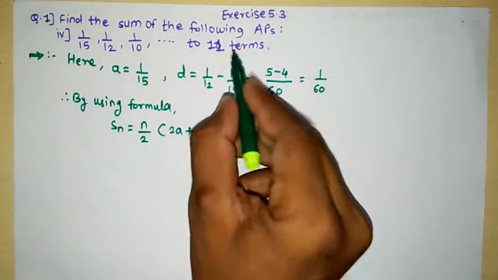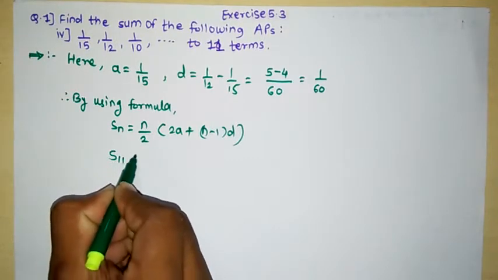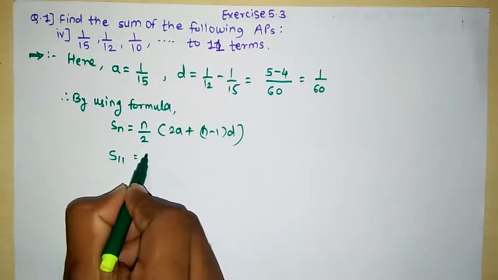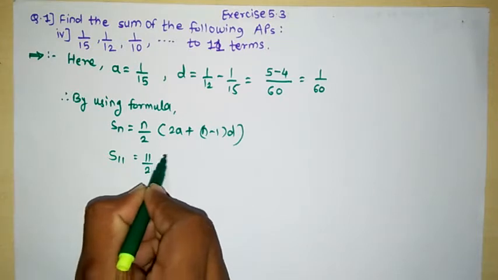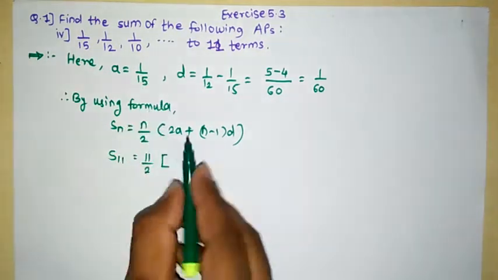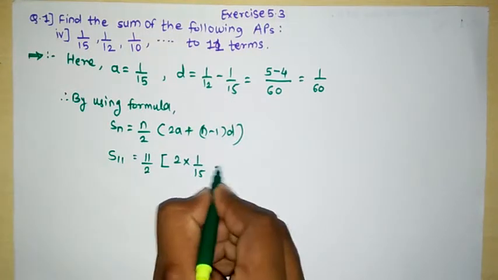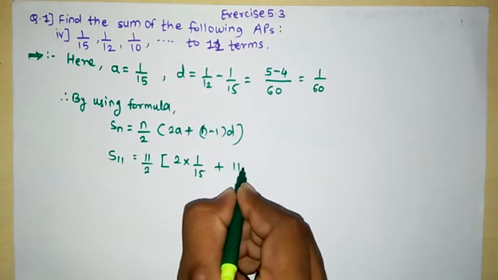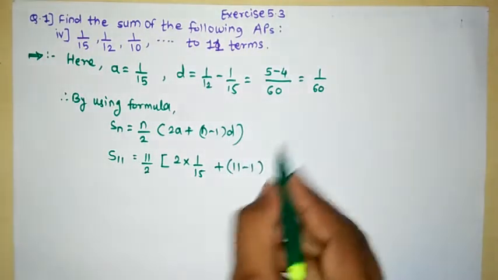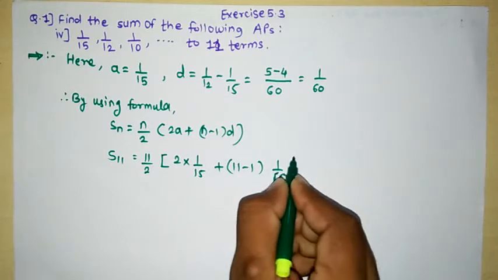We have to find the sum of the 11 terms. Therefore, write the formula for sum of the 11 terms, that is S11 is equal to 11 divided by 2 into a. What is the a here? a is 1 by 15. Right, here instead of a, we have to write 1 by 15 plus n is 11 minus 1 into d. What is the d here? d is 1 by 60.